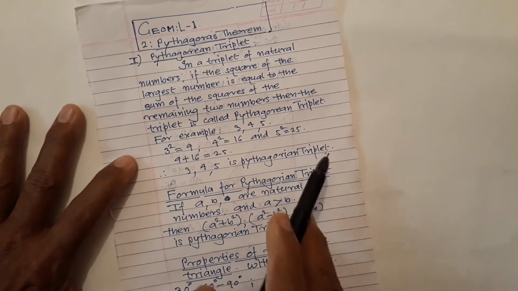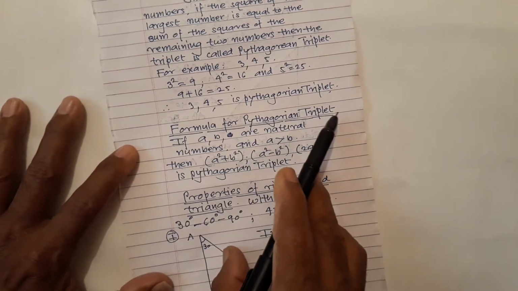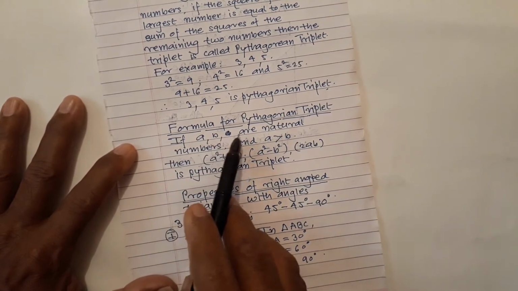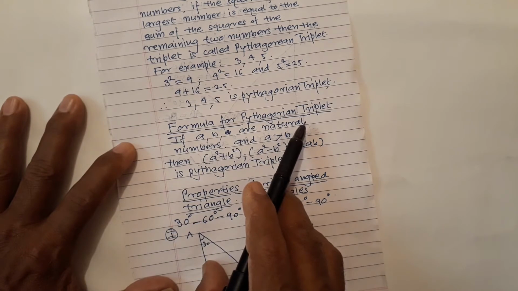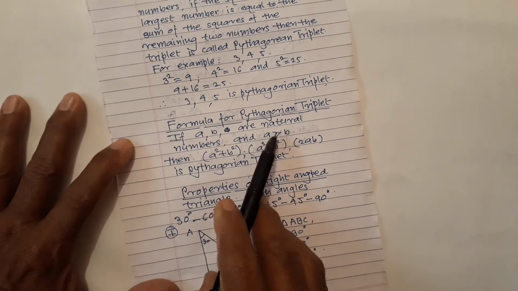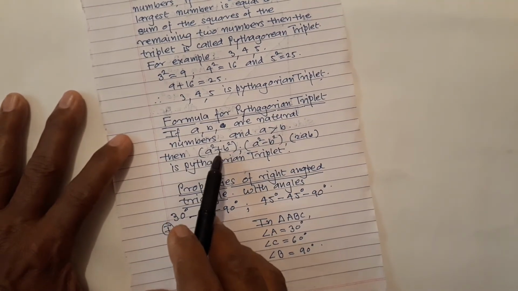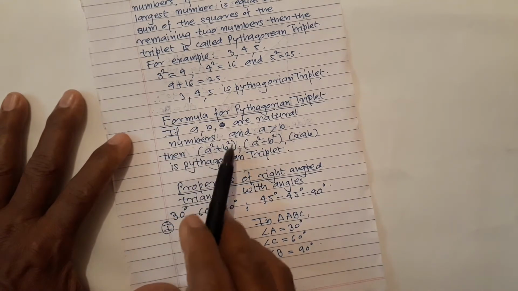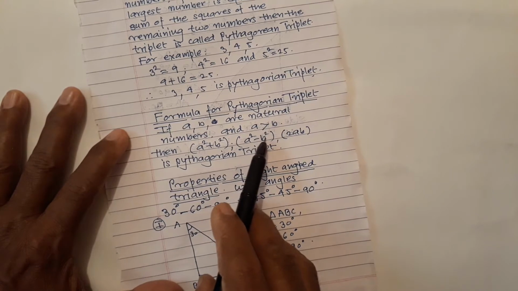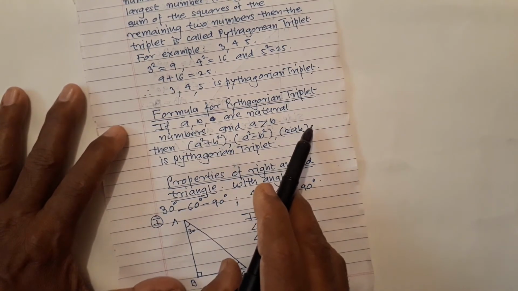Okay. Now I will explain the formula for a Pythagorean triplet. If A and B are two natural numbers and A is greater than B, then A square plus B square gives you one number, A square minus B square gives you the second number, and 2AB gives you the third number.